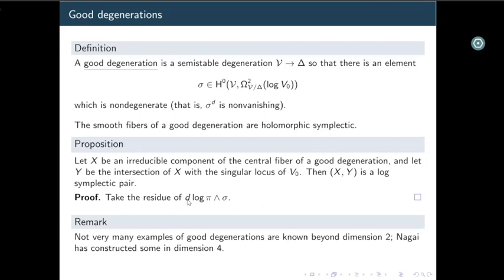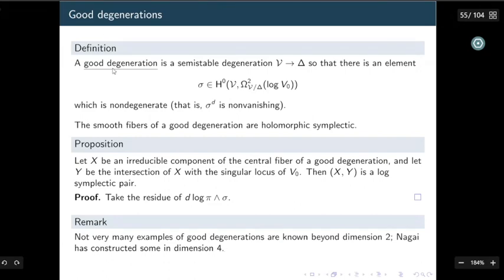In higher dimensions, I only know of one example of good degenerations, which was done by Nagai in dimension 4. Essentially, he took a type 2 degeneration of K3 surfaces and produced a degeneration of the corresponding Hilbert schemes of pairs of points. So this gives an example in dimension 4.